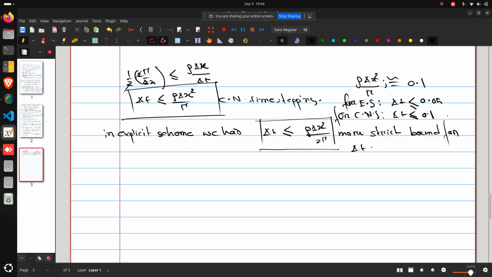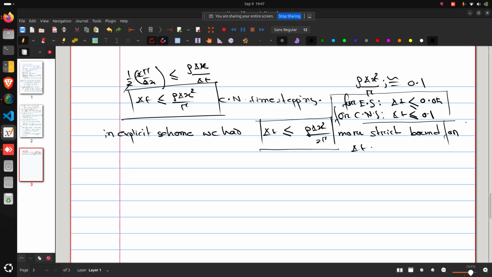So in case of a Crank-Nicolson scheme, we can expect a bounded solution even with a much looser bound on delta t.